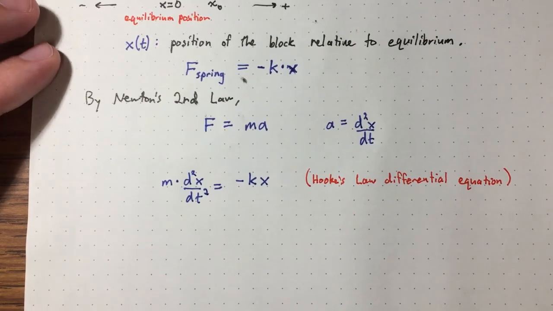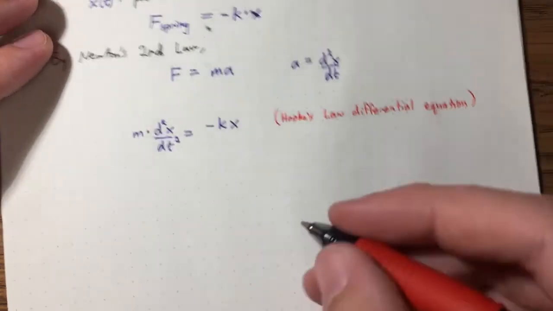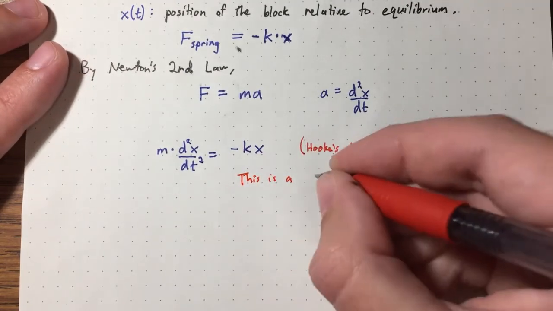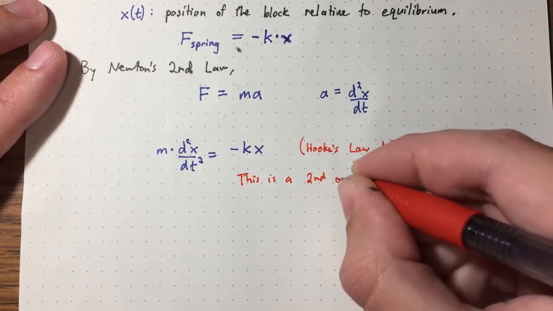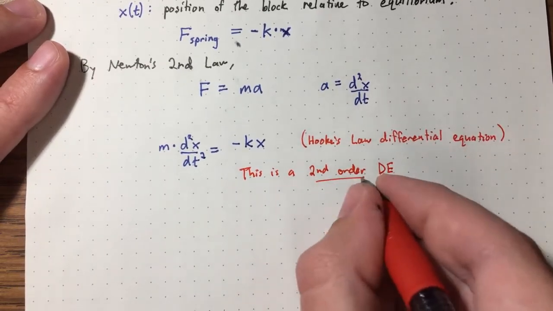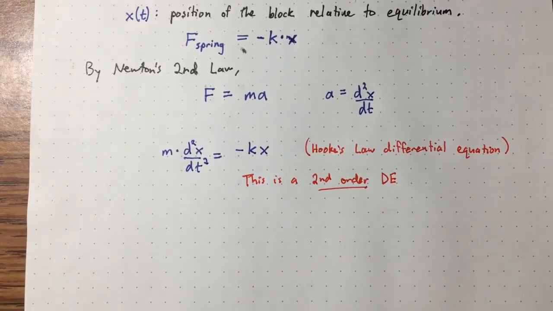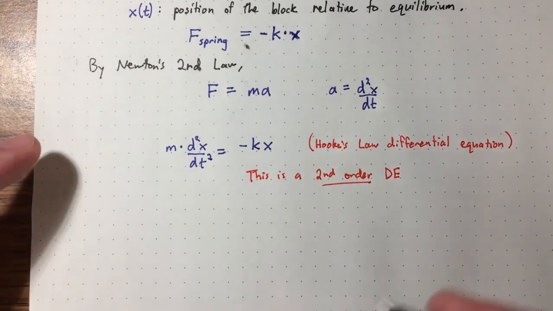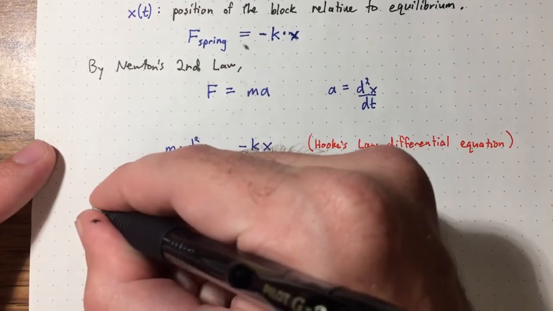And this is an example of a second order differential equation. That's because the second derivative appears. So order has to do with the derivative. Let's just define that, since that word is going to come up a lot.